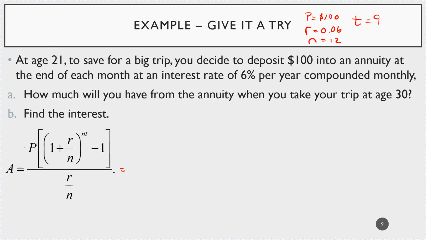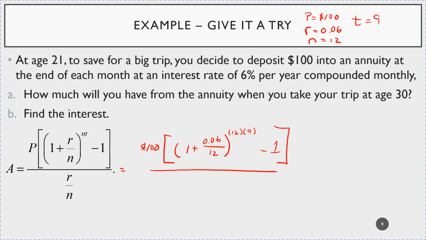All right. So again, just follow the formula. It's your $100 deposit times 1 plus r, which is 0.06, divided by 12, raised to the n, which is 12, times t, which is 9 power, and then you're going to subtract 1.